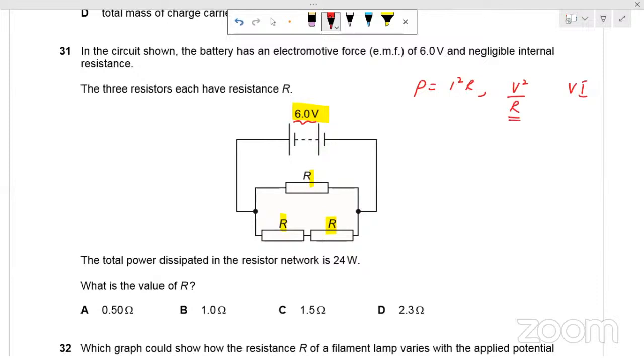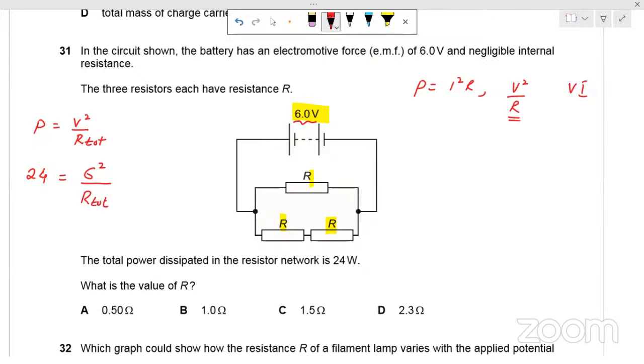The power is V squared divided by R, where this R is the total resistance. The power is 24 and V is 6, the EMF of the source, so 6 squared divided by R total.